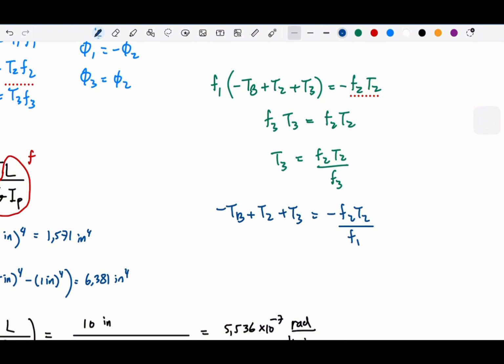So this will be negative TB plus T2 plus F2 T2 over F3.